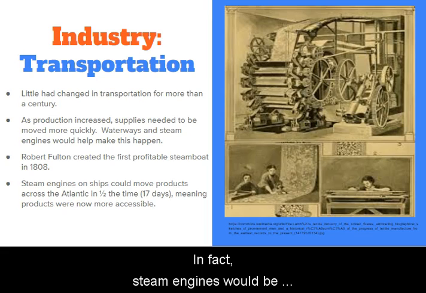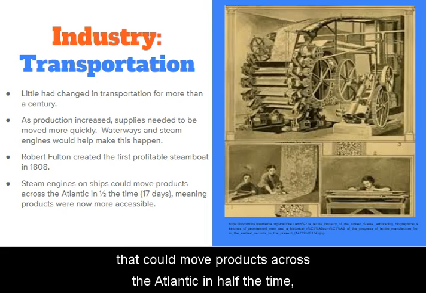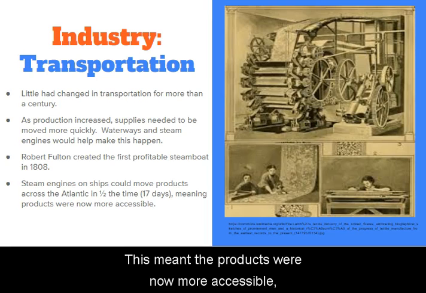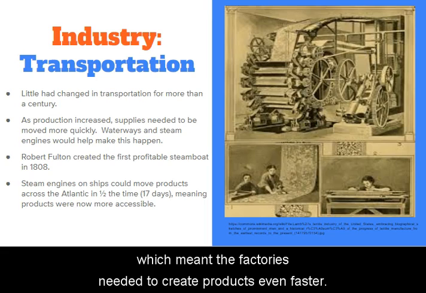In fact, steam engines would be placed on ships that could move products across the Atlantic in half the time, meaning 17 days. This meant the products were now more accessible, which meant the factories needed to create products even faster.